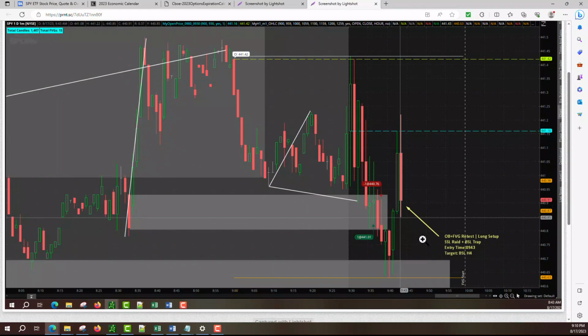Also we saw a long, because we saw this order block and fell up and this retest. That's how we were. But the entry time is 43.